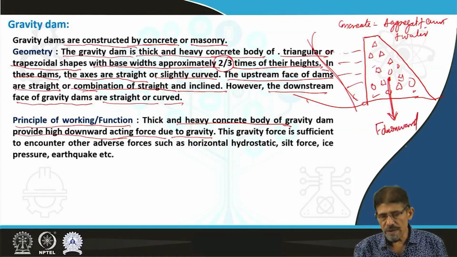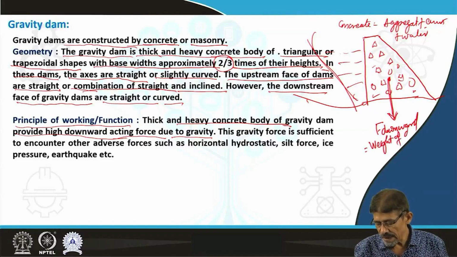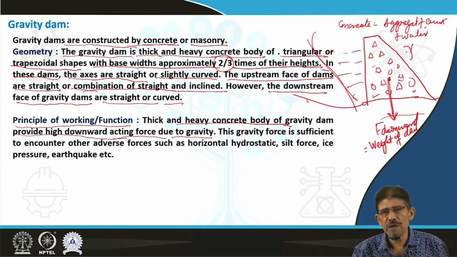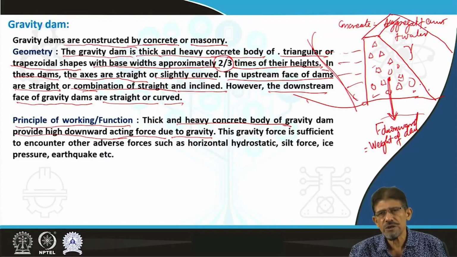F downward is simply the weight of the dam. And the weight of the dam can be easily calculated if we take the unit weight of concrete and the whole geometry about the volume of material utilized for construction of such a dam.